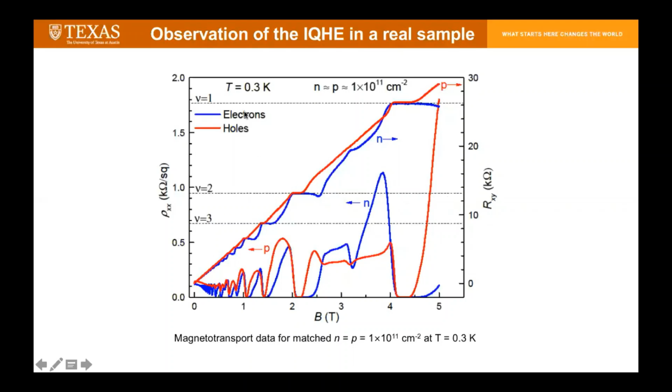And these values correspond to these integer numbers of filled Landau levels. So this is nu equals 1 at very high fields, when all the higher lying Landau levels have been depopulated and all the electrons just lie in the nu equals 1 Landau level, then you observe this nu equals 1 quantum Hall plateau. And then nu equals 2, nu equals 3, and so on.